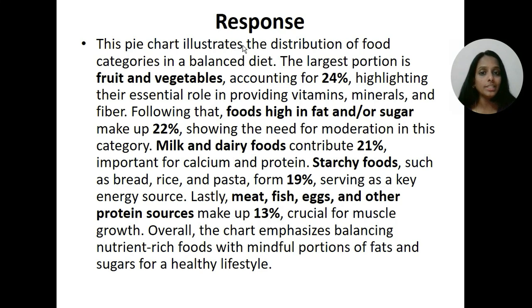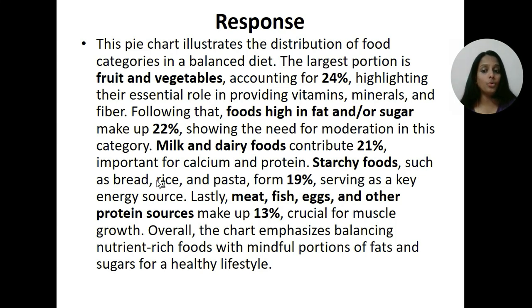This pie chart illustrates the distribution of food categories in a balanced diet. The largest portion is fruit and vegetables, accounting for 24%, highlighting their essential role in providing vitamins, minerals, and fiber. Following that, foods high in fat or sugar make up 22%, showing the need for moderation in this category. And then milk and dairy foods contribute 21%, important for calcium and protein.